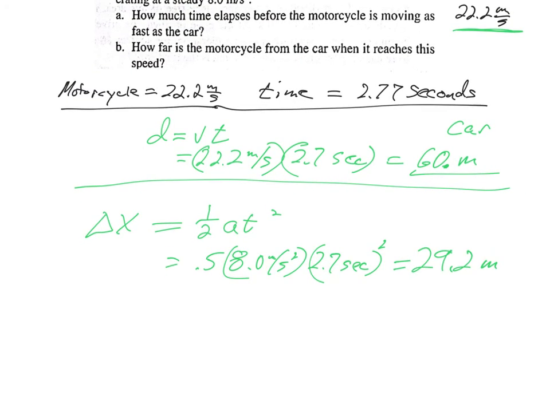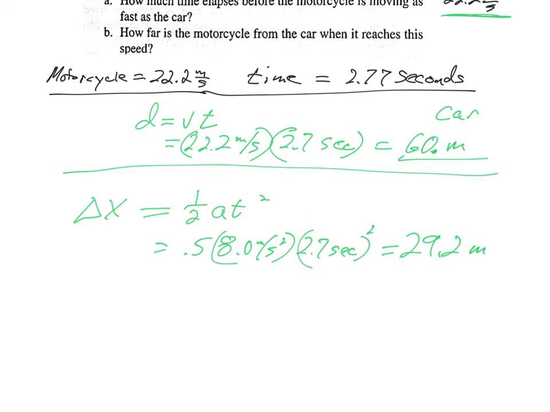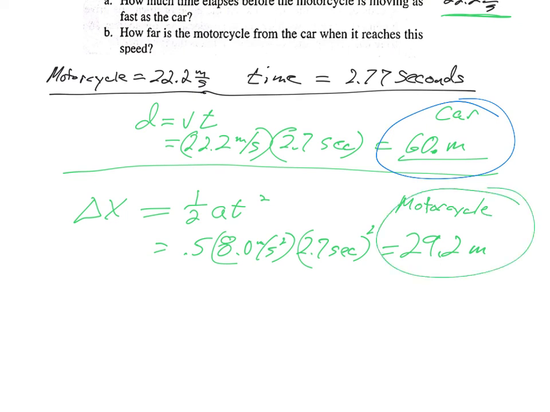All right, so this was the car. The car was 60 meters in front of when this whole incident started. This was the motorcycle. Was 29.2.